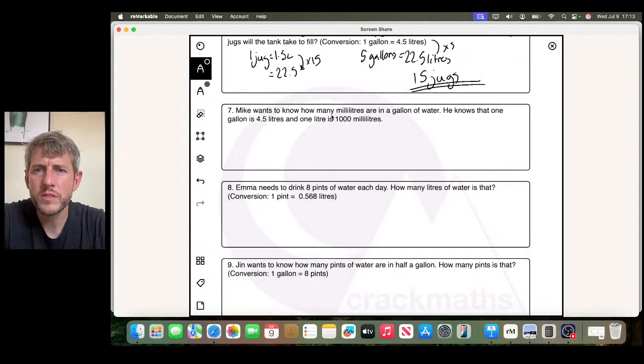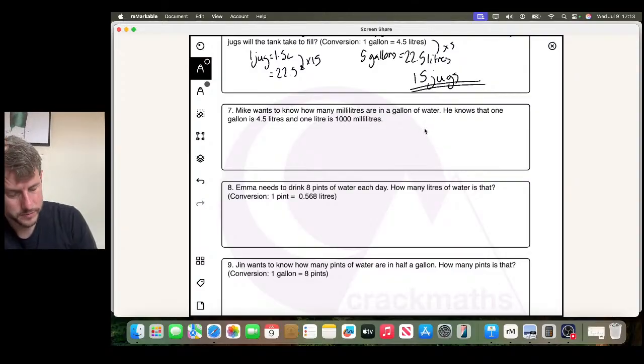So Mike wants to know how many millilitres are in a gallon of water. He knows that 1 gallon is 4.5 litres and 1 litre is 1,000 millilitres. So he just wants to know how many are in a gallon of water. If 1 gallon is 4.5 litres, we want to find out 4.5 litres in millilitres.